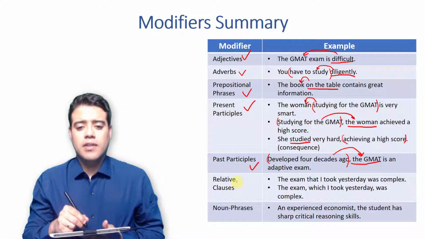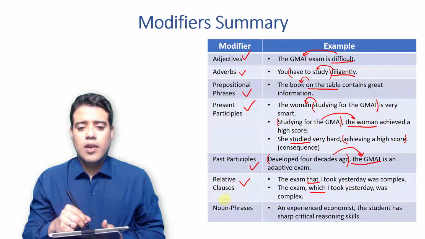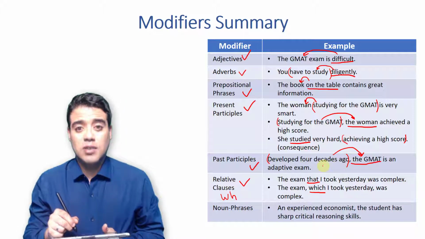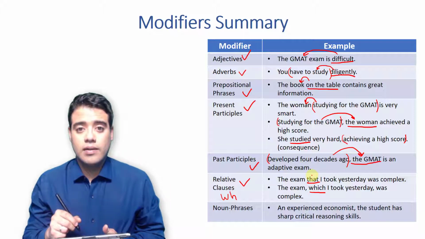Then we have relative clauses, and there are many of those. But the most important in the GMAT are that and which. Relative clauses usually start with a WH word. That is the exception. You can have when, where, and others.